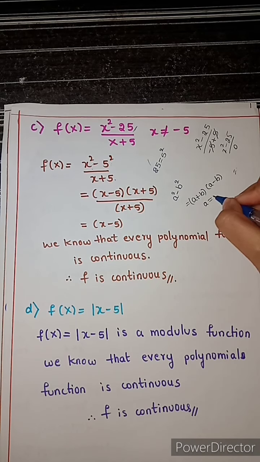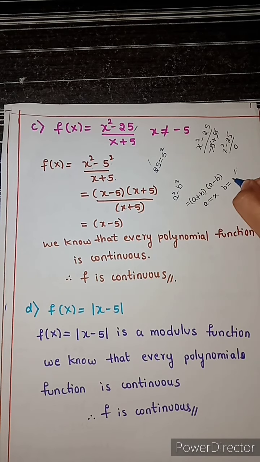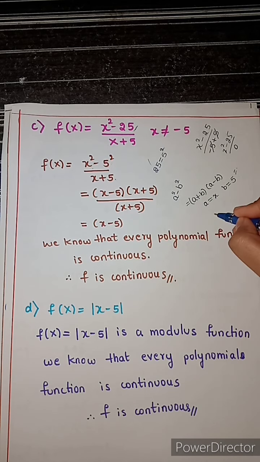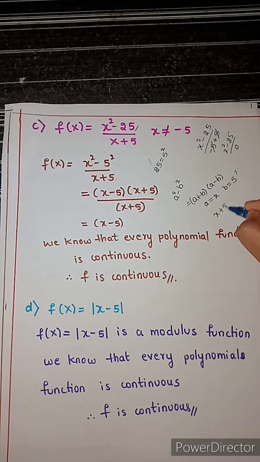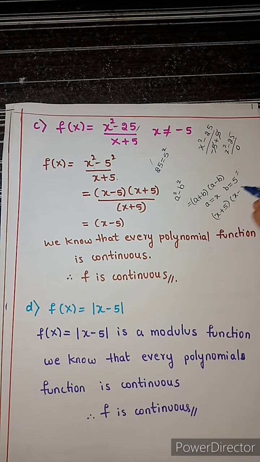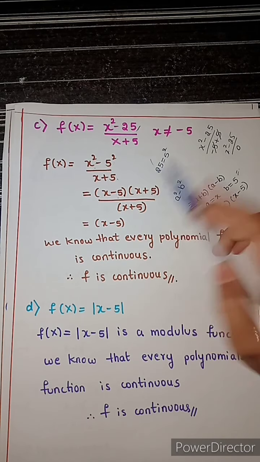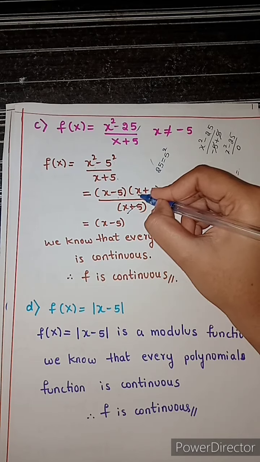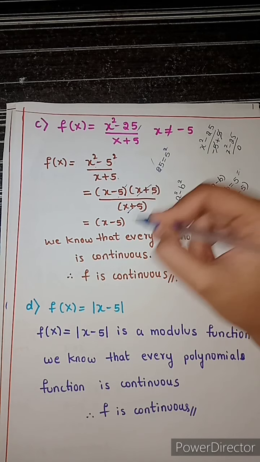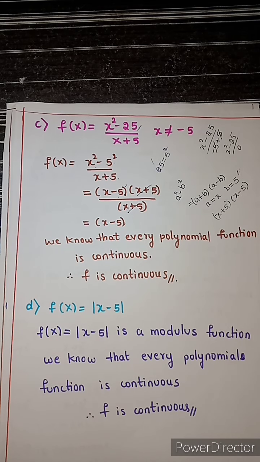Here a is x, b is 5. So x plus 5 into x minus 5, we got. x plus 5 and x plus 5 get cancelled, remaining x minus 5.